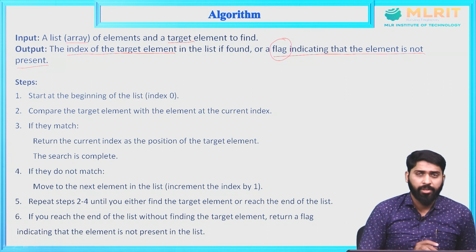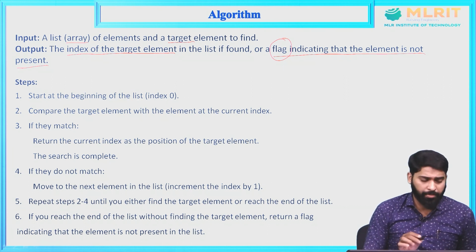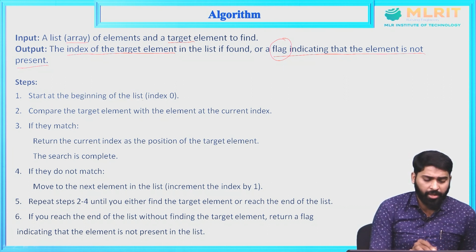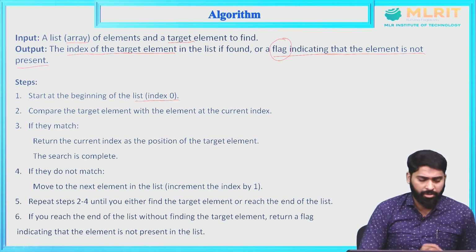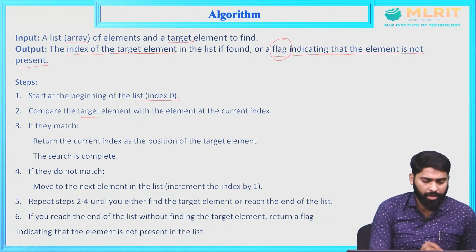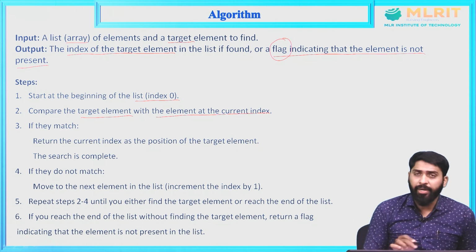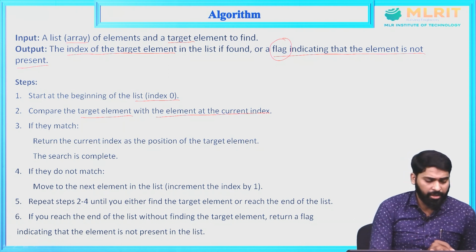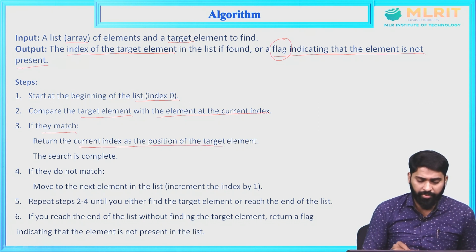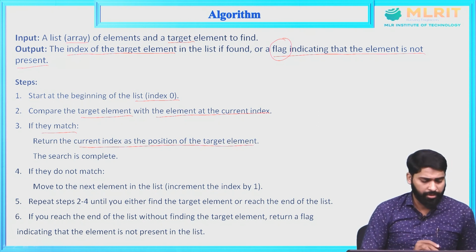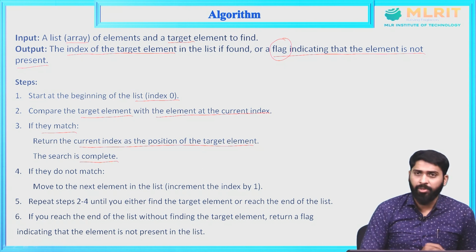The algorithm is simple. Starting at the beginning of the list, that is index 0, compare the target element with the element at the current index, and if they match, return the current index as the position of the target element. The search is complete now.